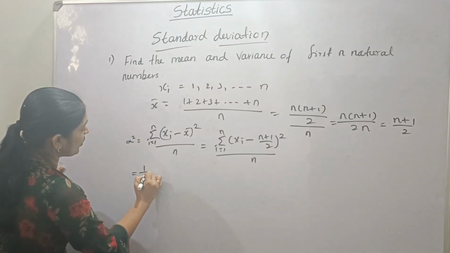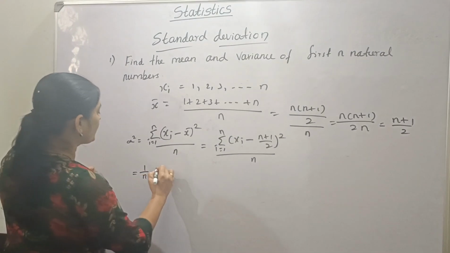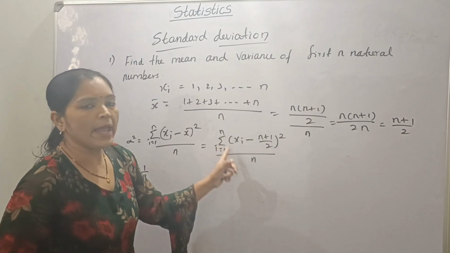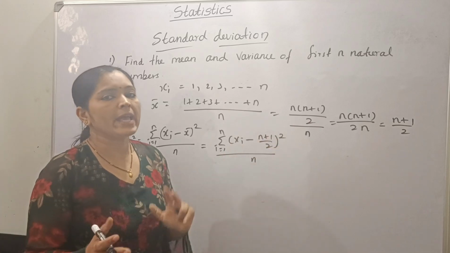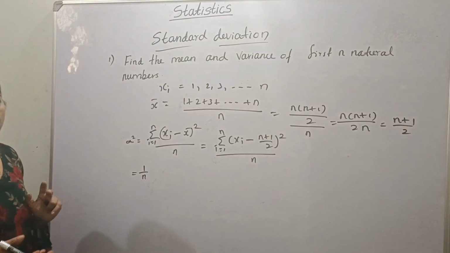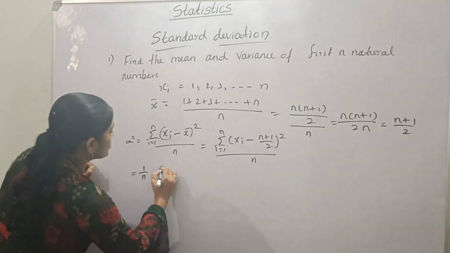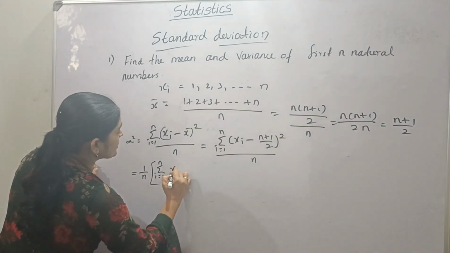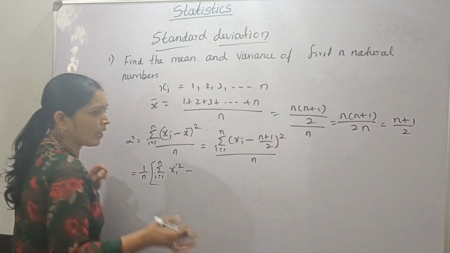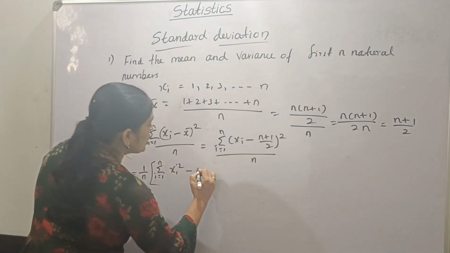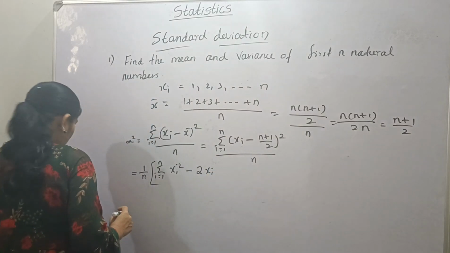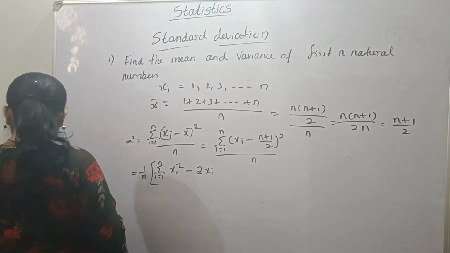Okay, now that is equal to 1 by n into the sum, where it is of the form a minus b whole square, right. So let us expand it: a square minus 2ab plus b square. So the sum from i equal to 1 to n of xi square, minus, for 2ab, 2 into xi, you should write the sigma, okay.